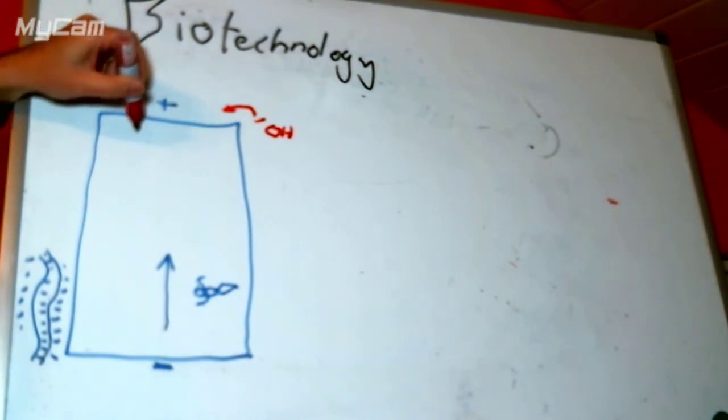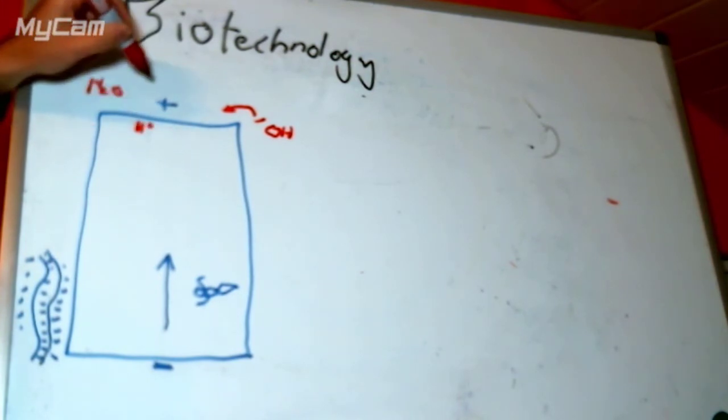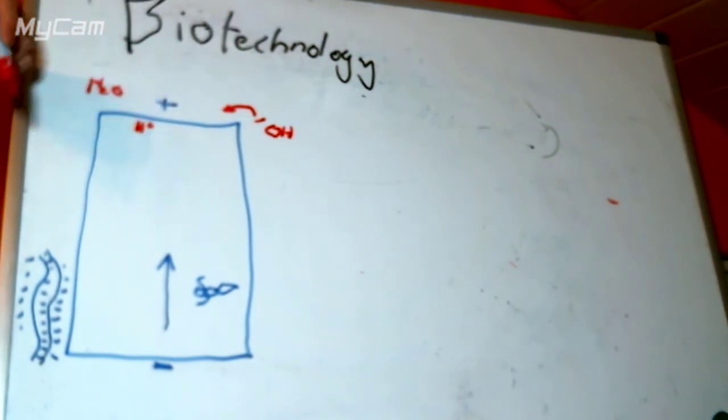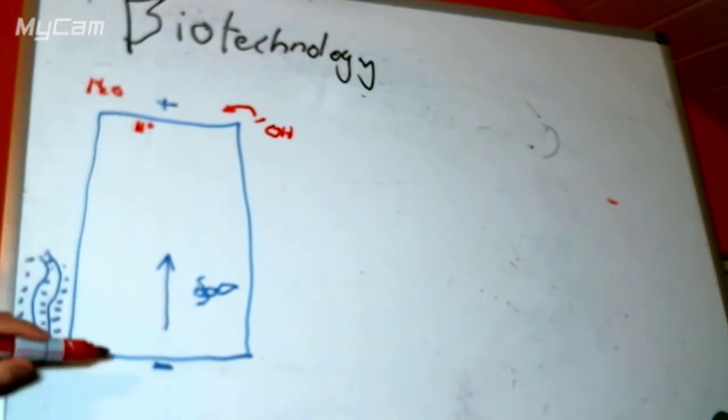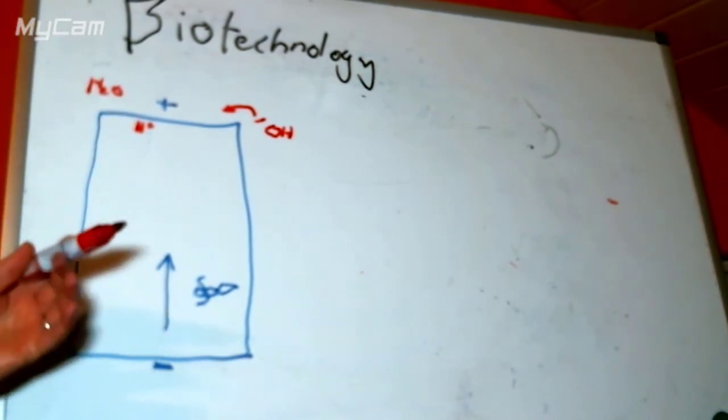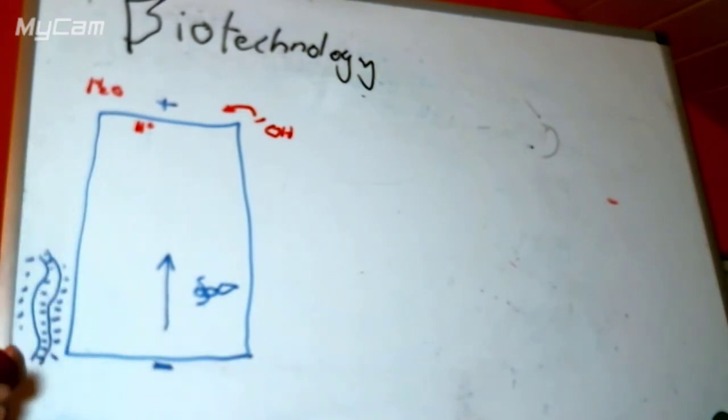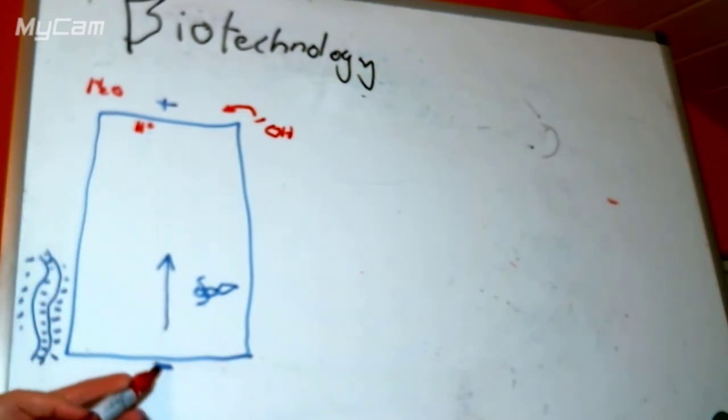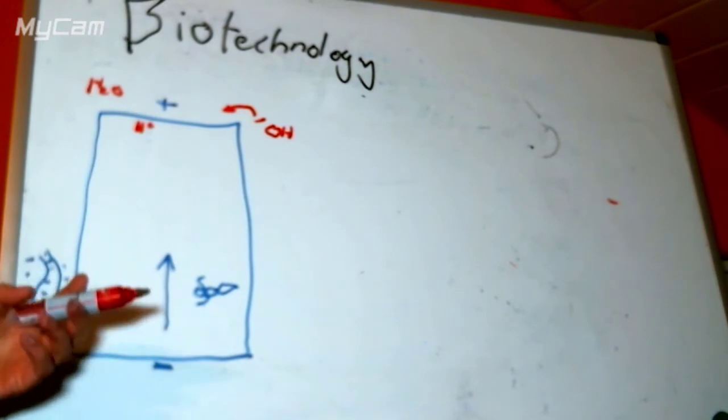Effectively what we're doing is we're making H plus here. We're destroying OH minus, so this end is going to get acidic, and this end is the opposite, so it's going to be dumping electrons into the solution, so we can add negative electron to H plus, making it into H2.